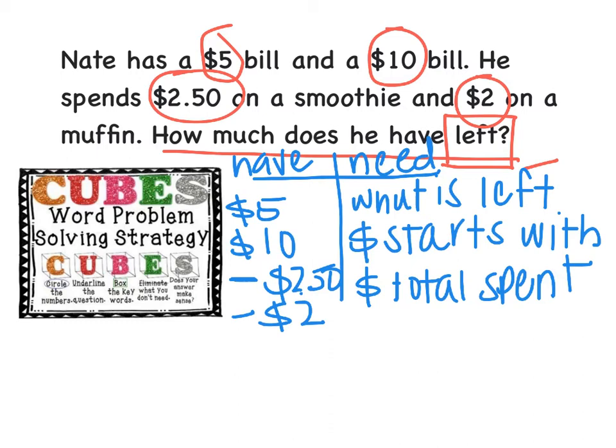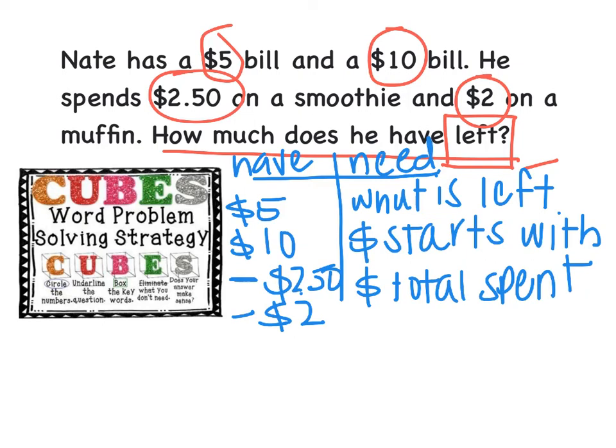You could draw a picture here if you would like. Your picture could be really anything. It doesn't have to be a rectangular picture like the ones we've been doing for these, since it's just to help you. For this one, I think my have and need chart is helpful enough, so I'm going to stop right here and go ahead and get solving.